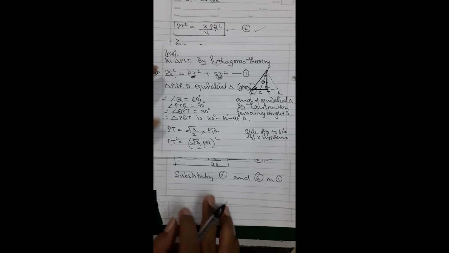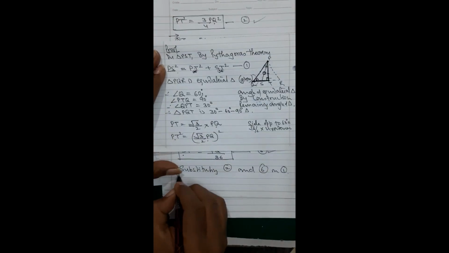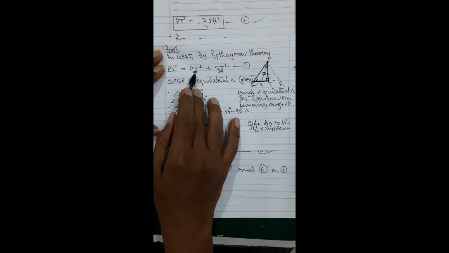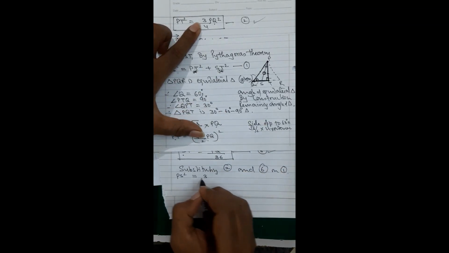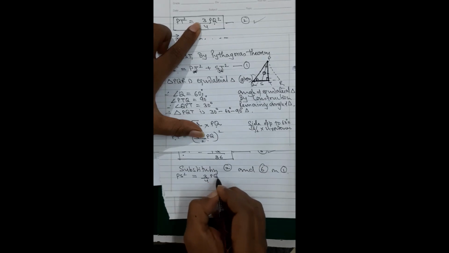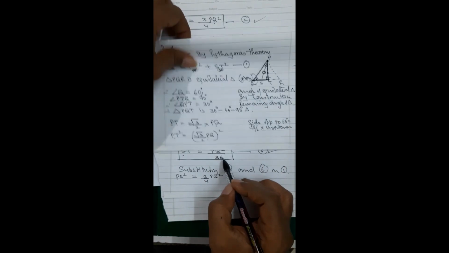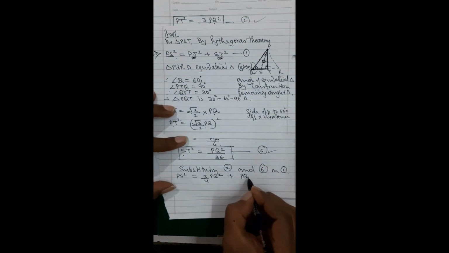What is 1? 1 is this: PS square is equal to PT square, PT square is this 3 upon 4 PQ square, plus ST square. ST square is this PQ square upon 36. So everything is gone. Now only PS square and PQ square is staying.